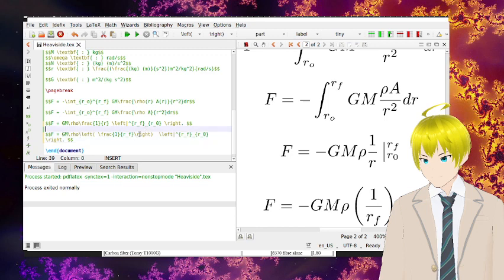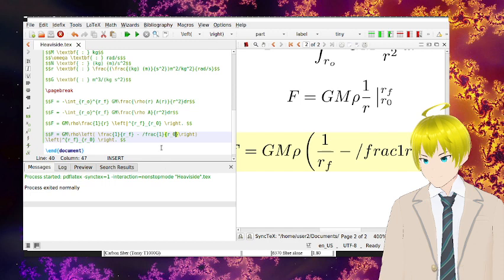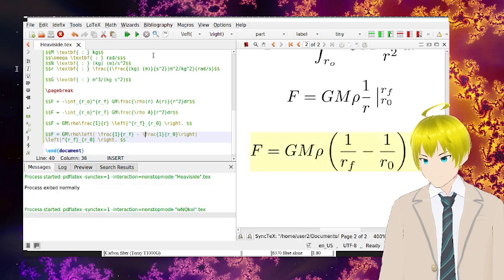Is this correct? Minus frac 1 over r sub 0. Let's think about this. So, let's get rid of my eval bar.